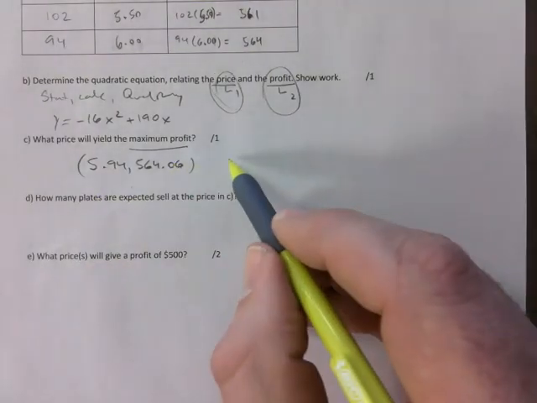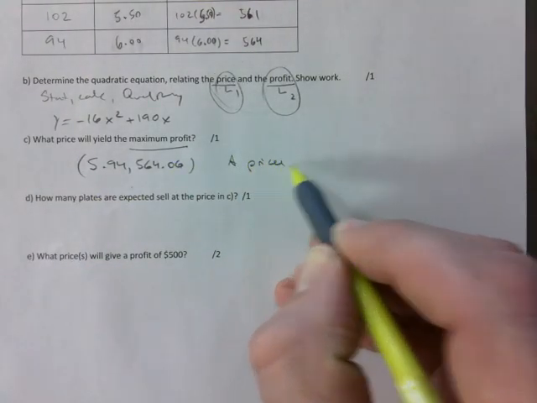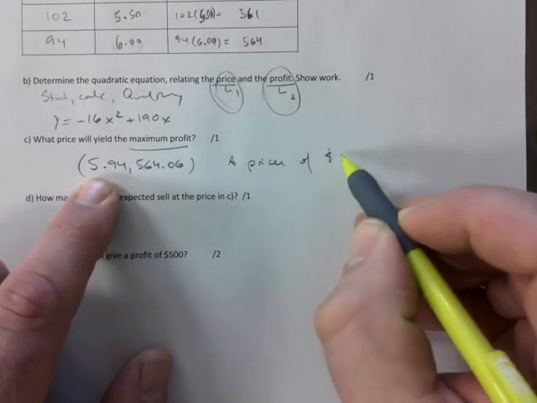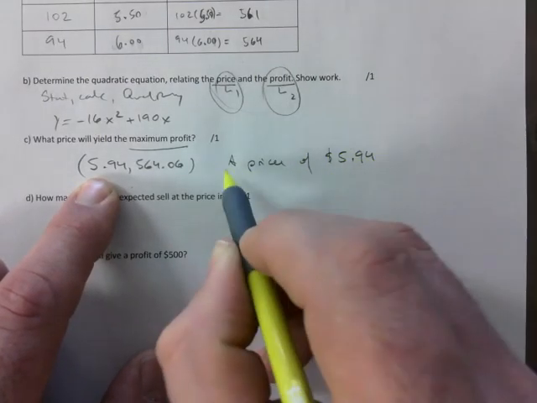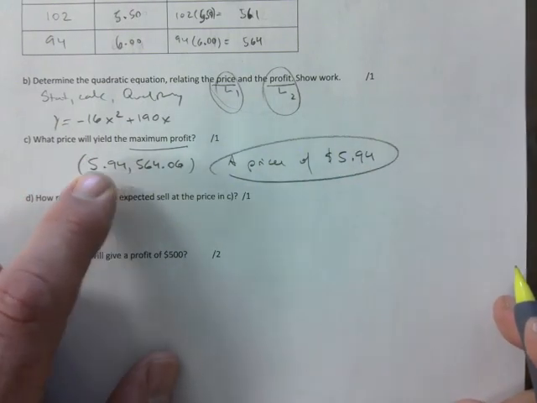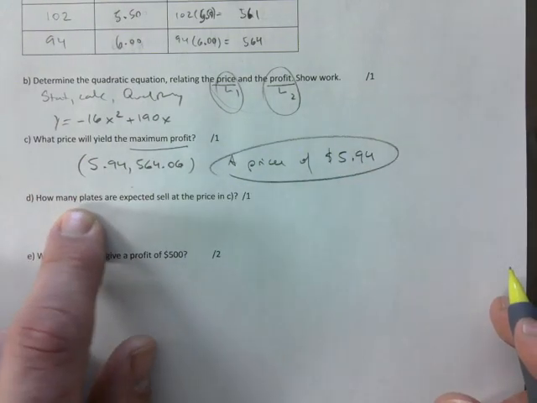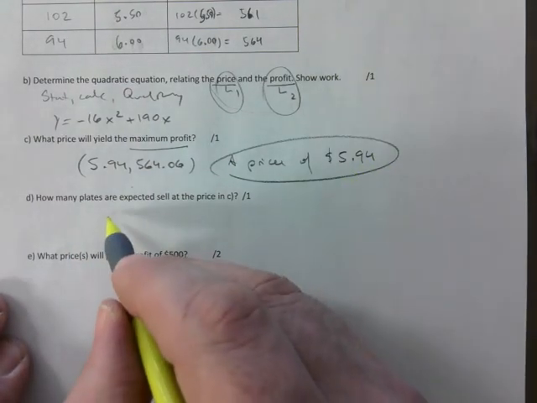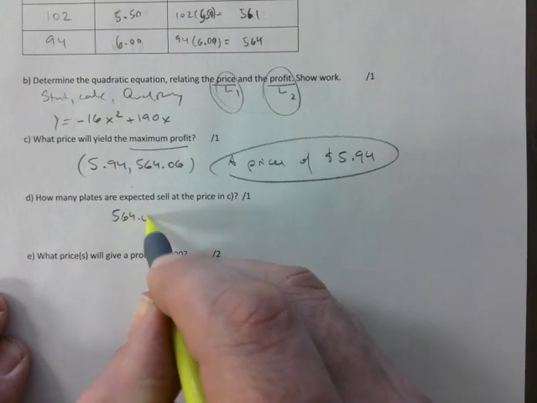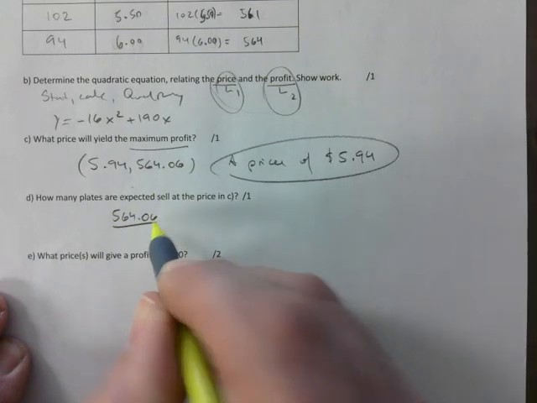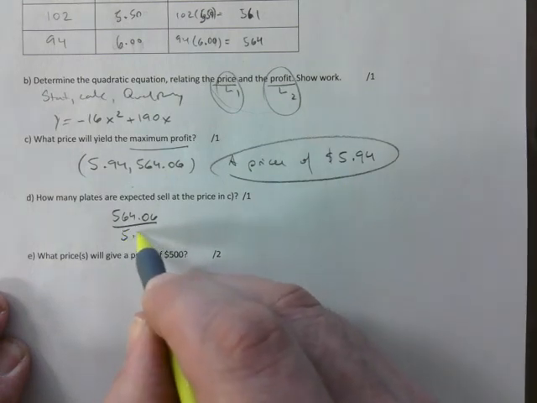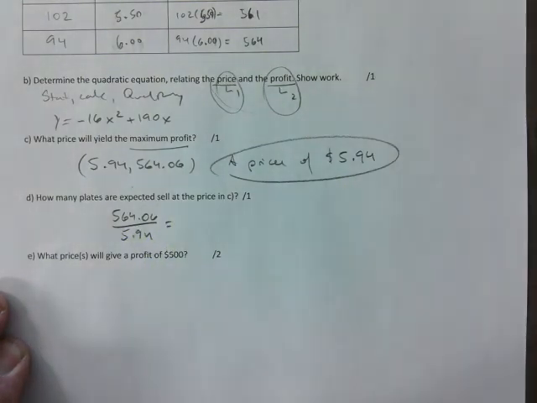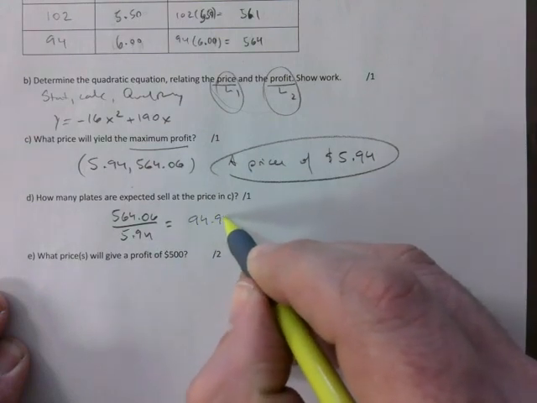So a price of 5.94 will give you the maximum profit in this case. How many plates are expected to sell at this price? At this price, you go 564.06, the profit you made, you divide it by that price, and you get the number of plates, which is 94.95.